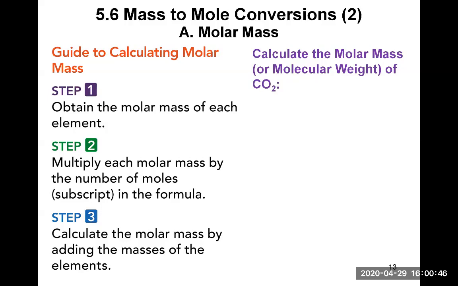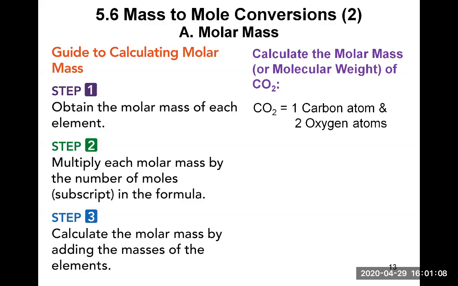So in CO2, the formula of this compound, we have 1 carbon and 2 oxygen atoms, right? So this formula tells us that the 2, the subscript, belongs to oxygen. The 1 for carbon is implied.